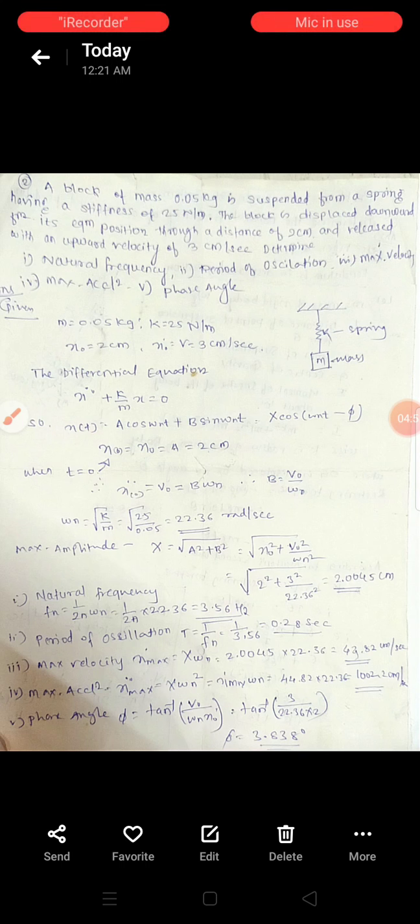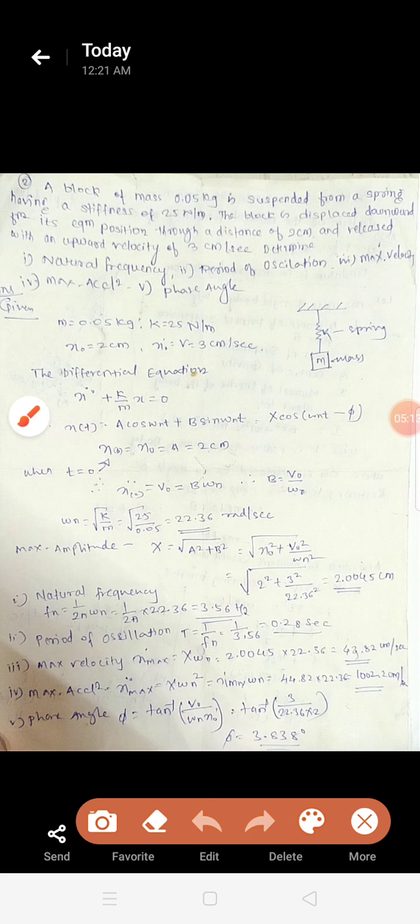So x of t is equal to A cos omega n t plus B sin omega n t. When t is 0, x of 0 is equal to x0, which is equal to A, that is 2 centimeter.